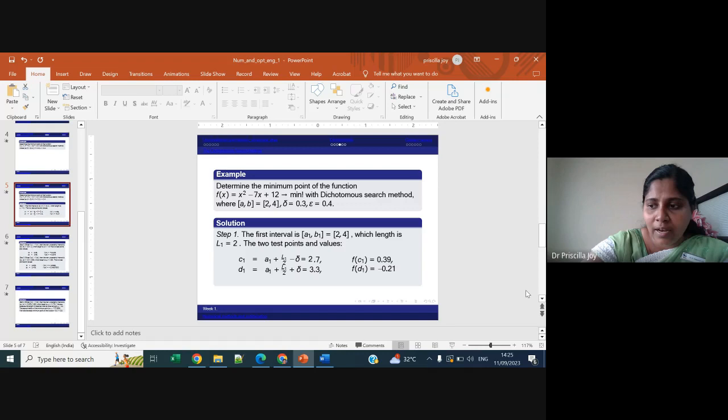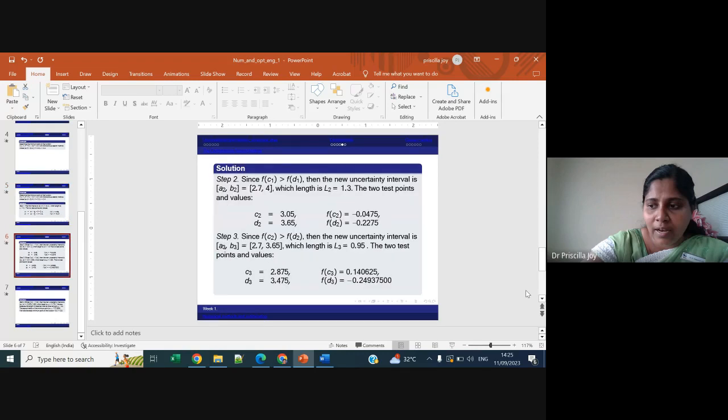When we simplify, we get the answer minus 0.0475. Again we need to compute D2. When we compute D2, we get 2.7 plus 1.3 divided by 2 plus 0.3, that is the delta value, which is equal to 3.65. That is the answer we get.